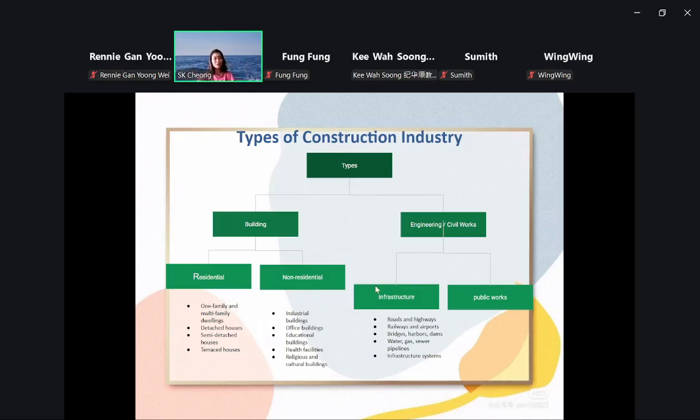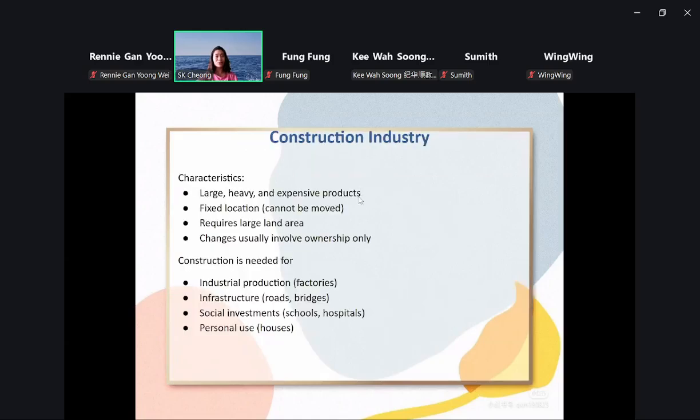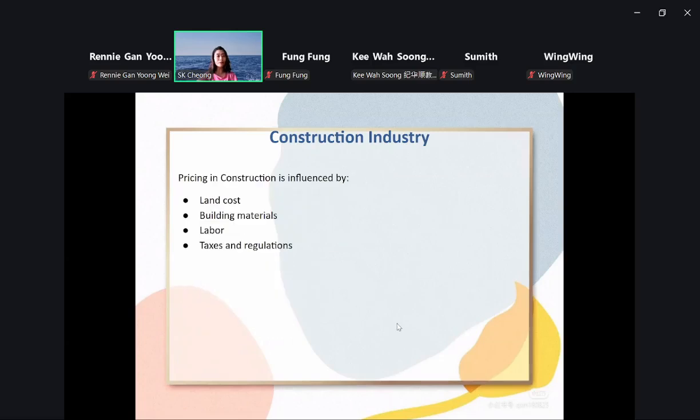Residential, non-residential. You can really understand, then you can answer. What is the characteristic? We have industrial, and we have social and personal use. Pricing, of course, is decided by land, material and the countries.